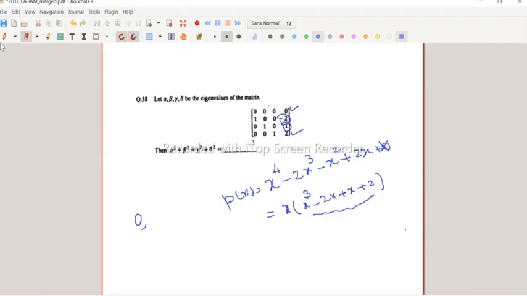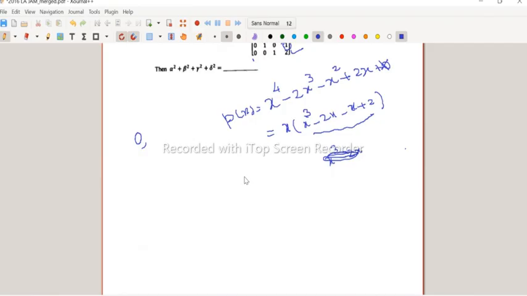So what is the root of this cubic polynomial? Already we found that 0 is one root. Now for the remaining cubic, sorry, this is actually minus x, because from minus x square I took x outside. Now x equal to 1 is a root.